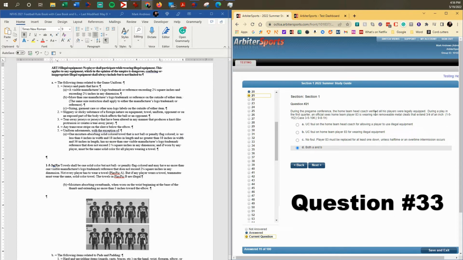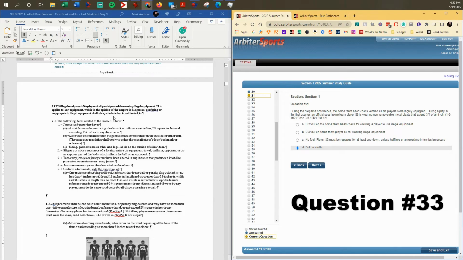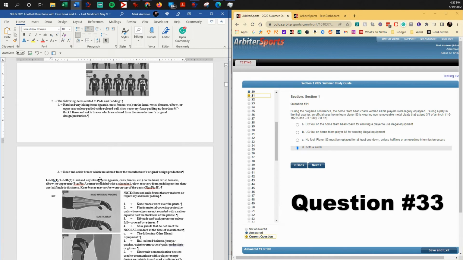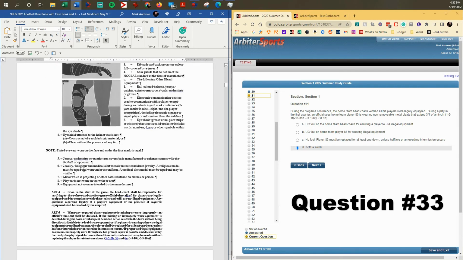Okay, so we've had a lot of questions about illegal equipment, right? And if you go to 153, I think it's 153, yeah, illegal equipment right here. There is a ton of stuff. I mean, everything from jerseys, slippery, sticky substances, towels. It's crazy how much stuff is on here. We want to get it in the pregame, right?